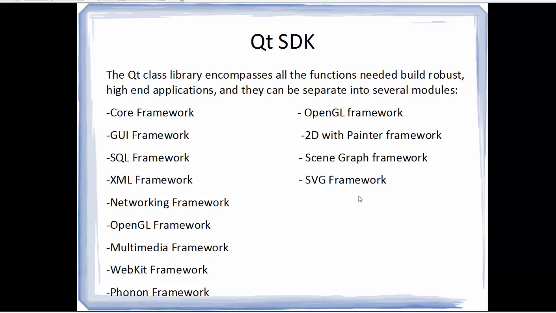There are many other frameworks Qt comes with. So Qt comes with the Qt core framework, you have the GUI framework, then SQL and XML, networking, the OpenGL framework, and the framework for multimedia, WebKit, and many other frameworks Qt comes with.